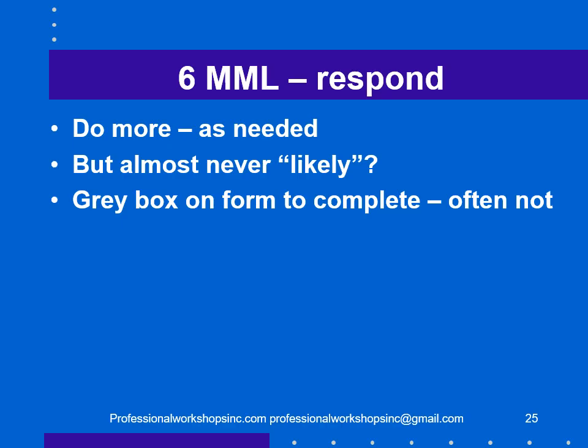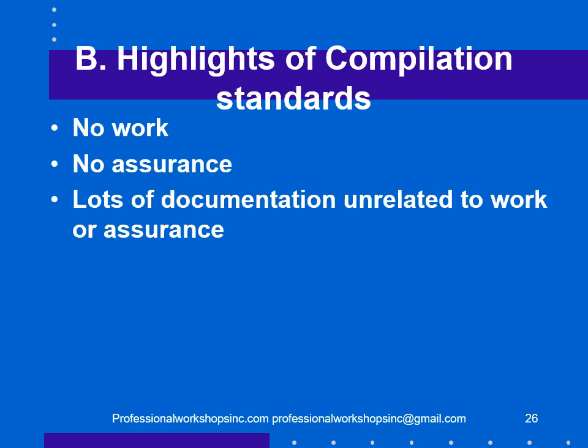Using audit language, we would probably find that risk of material misstatement is always low. So material misstatement being likely, probably not. There is a gray box on the form to complete, and as I say, often that will be left blank or noted not applicable to tell people that, well, we didn't identify anything.